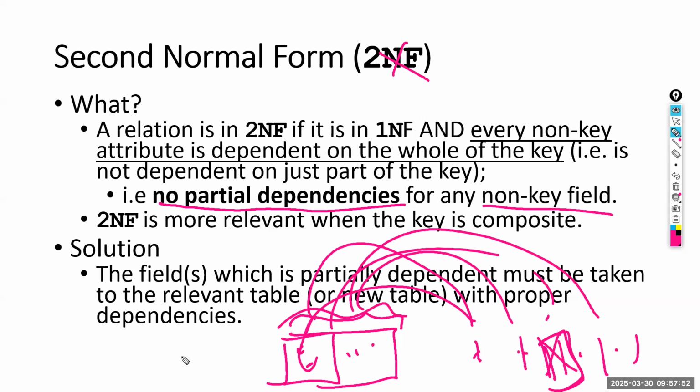Okay. If it depends on part of the primary key, right, then if there's a table with that field as a primary key, this particular attribute must be an attribute in that table where that part is the primary key. So that is called second normal form.